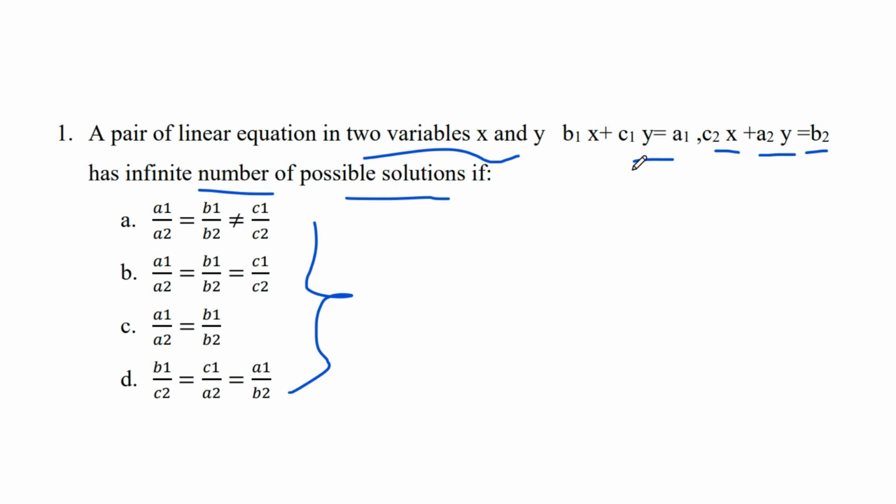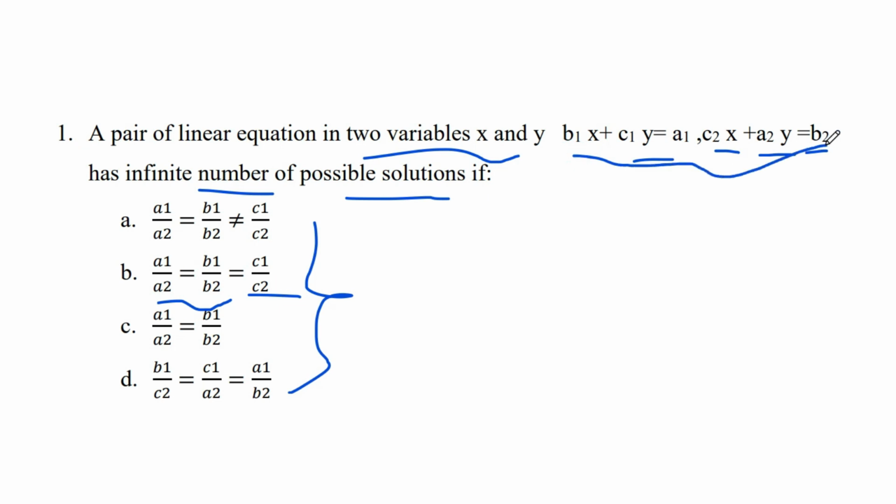a1x plus b1y equals c1 and a2x plus b2y equals c2, then the pair of linear equations will have an infinite number of possible solutions if a1 upon a2 is equal to b1 upon b2 is equal to c1 upon c2.